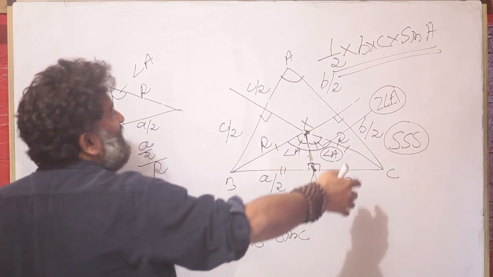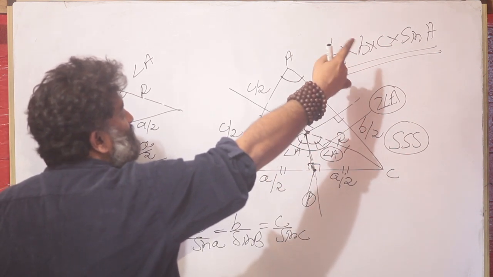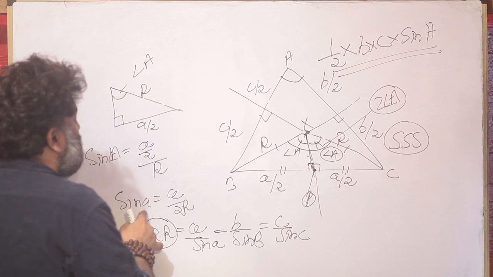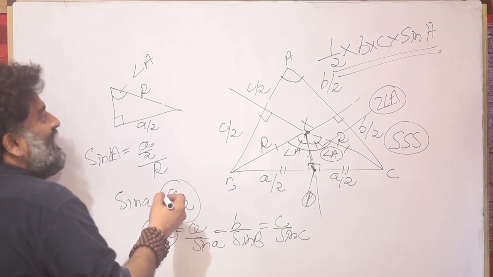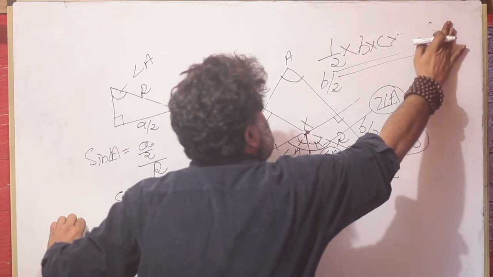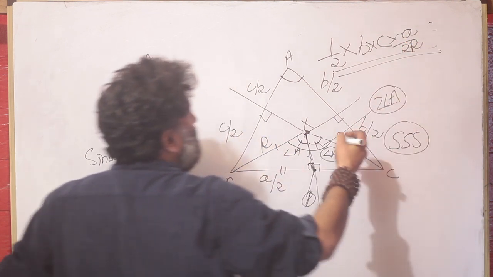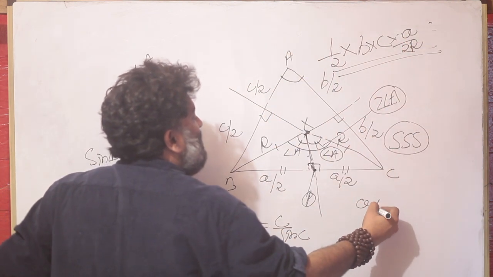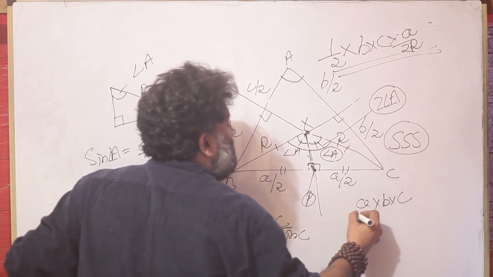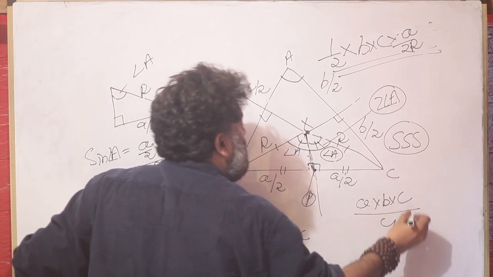So the area of this triangle is half into B into C into sine A. And I just saw sine A is equal to A upon 2R. So instead of this, I will write A upon 2R. So what you get is A into B into C divided by 4R.